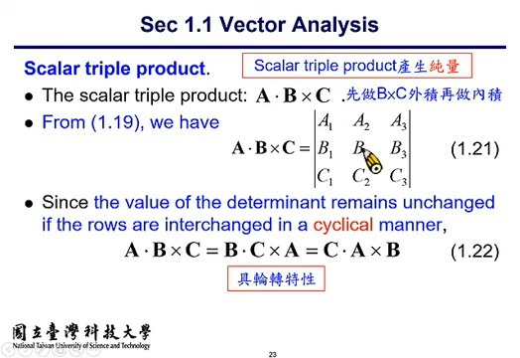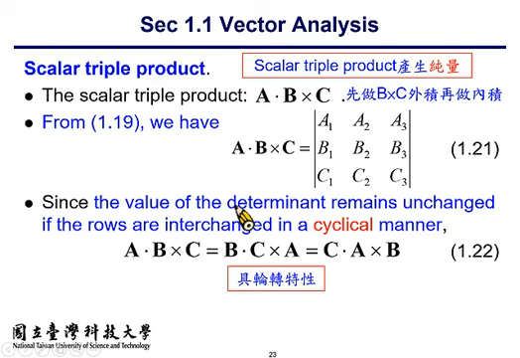Now that will be A1 times B2 times C3 minus A1 times B3 times C2 plus A2 times B3 times C1 minus A2 times B1 times C3, and so on and so forth. So that will eventually give you a number, a scalar, for the result of a scalar triple product.